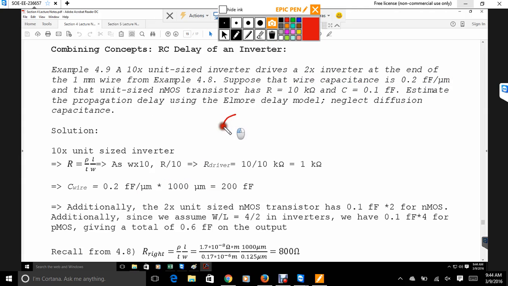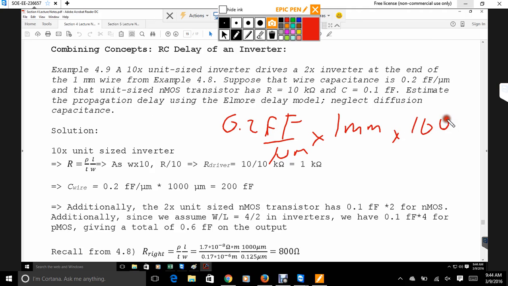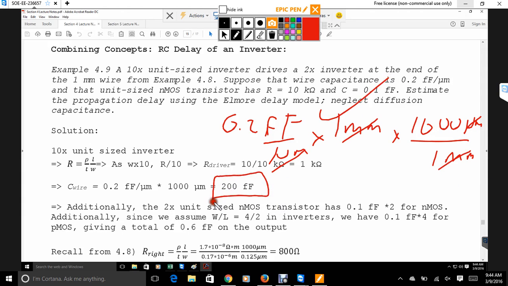So this is 0.2 femtofarads per micrometer times 1 millimeter times 1,000 micrometers per millimeter. The micrometers cancel out, and the wire capacitance becomes 200 femtofarads.